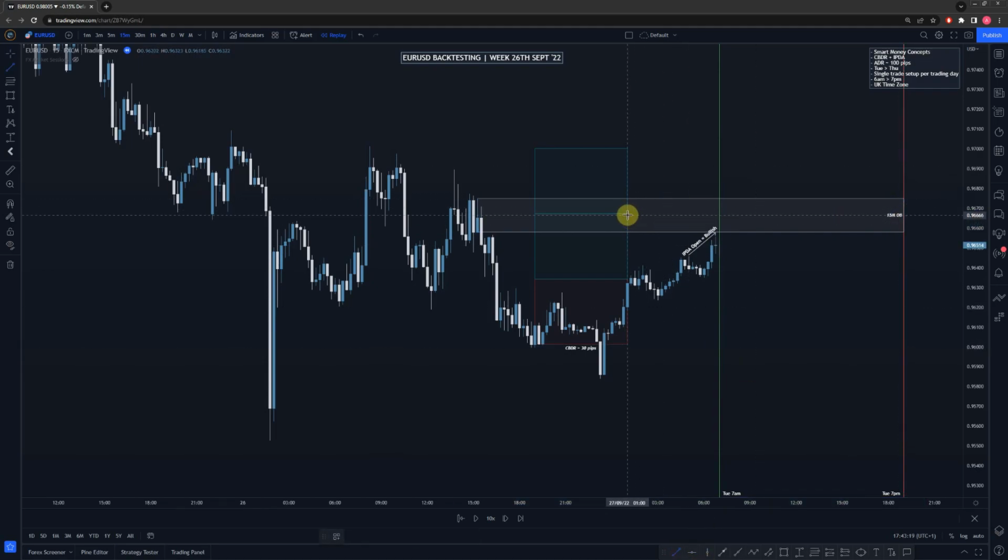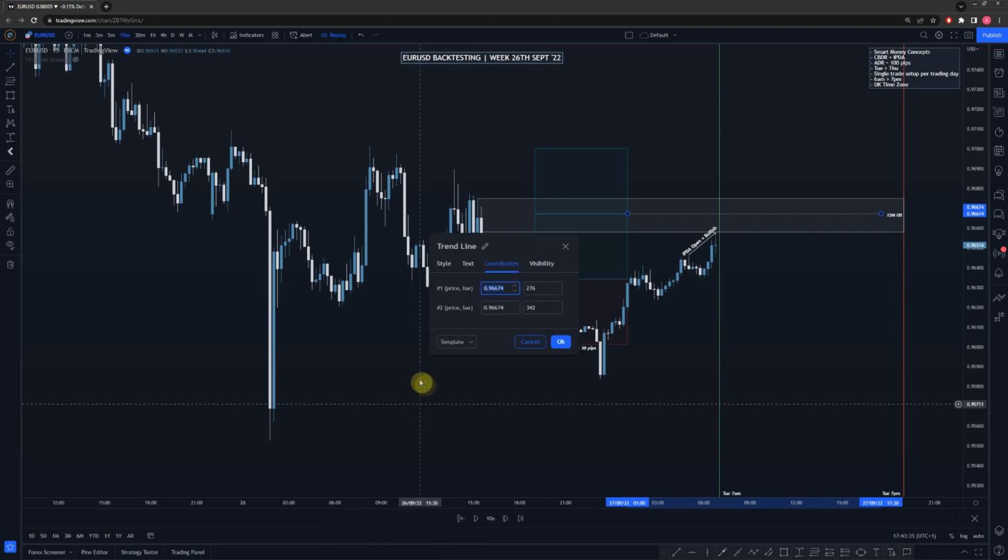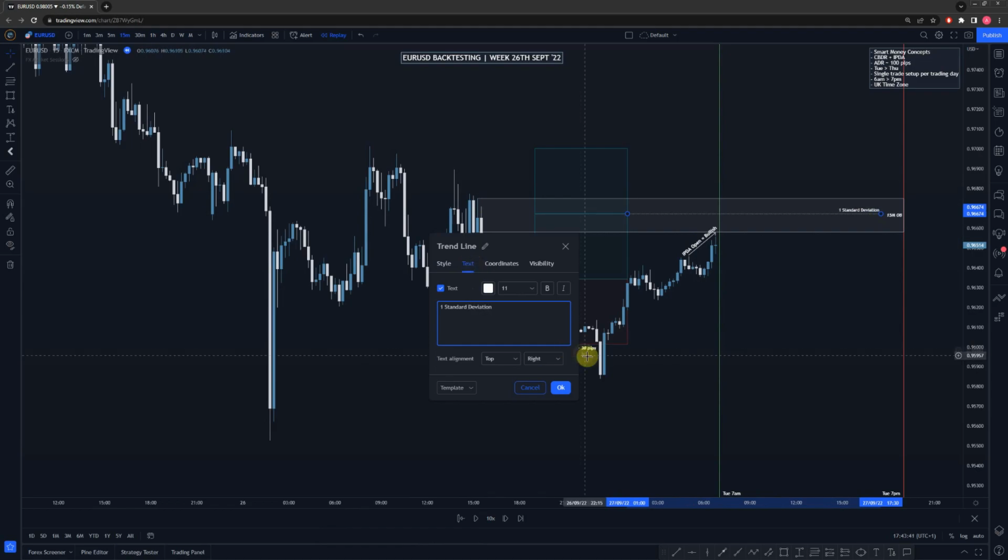And let's also put our one standard deviation marked out as well. And just from hindsight, that looks to be within the equilibrium point of this total order block range. So our one standard deviation.